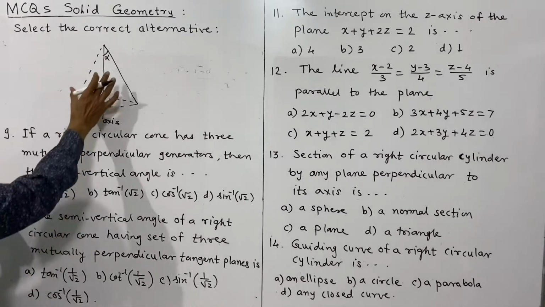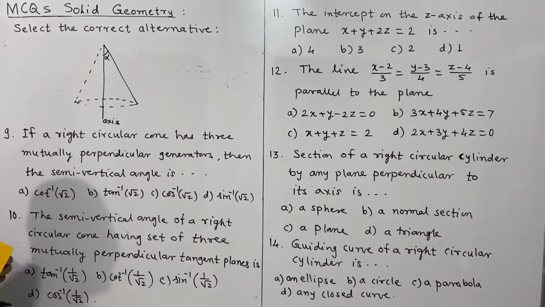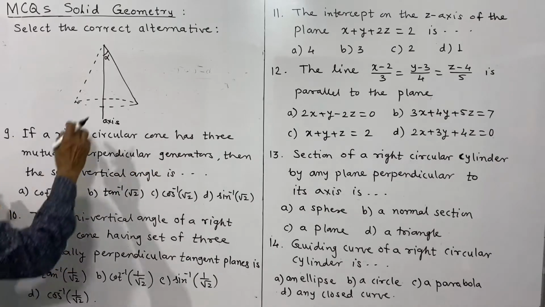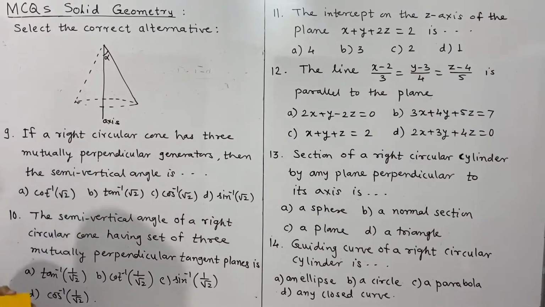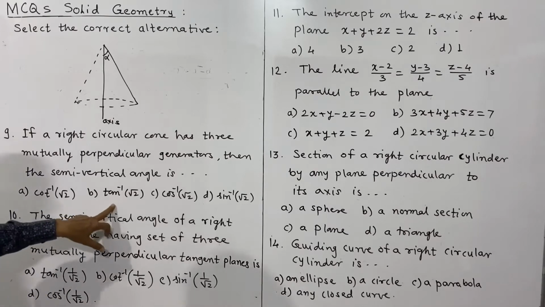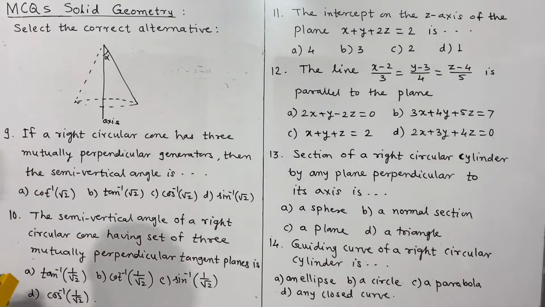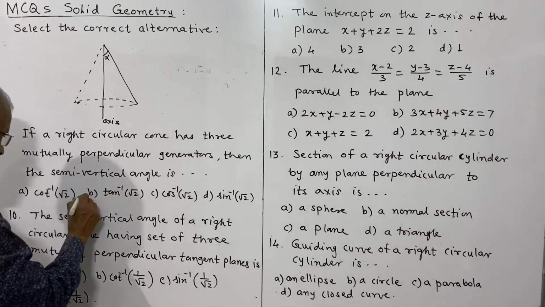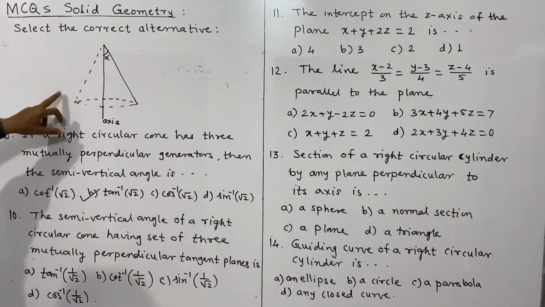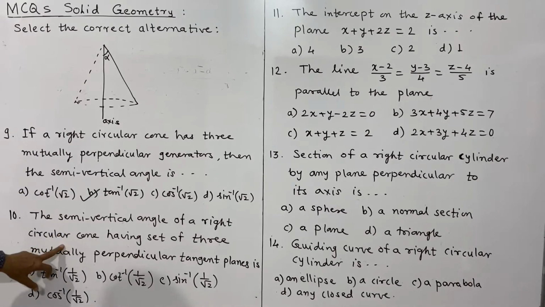And if this right circular cone has three mutually perpendicular generators, then the semi-vertical angle, that means this alpha, is which one of these? Cot inverse of root 2, tan inverse of root 2, etc. And the result is, by the equation of right circular cone, this must be tan inverse of root 2. And then the next question is about the same right circular cone.